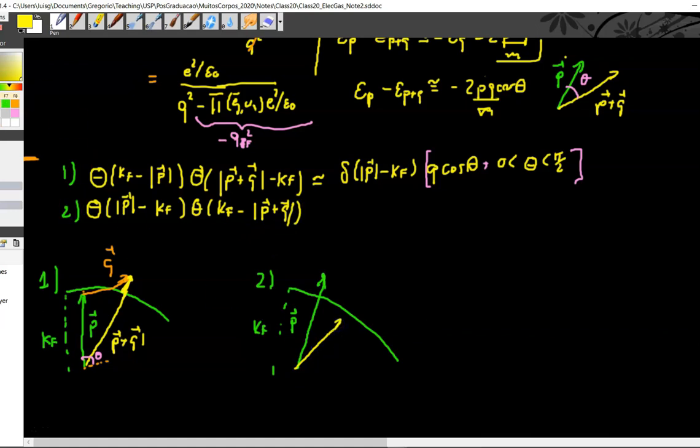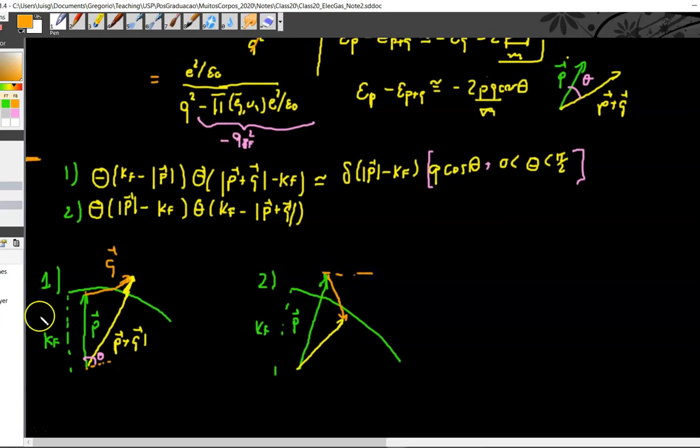So now my vector Q is here, meaning that the angle, if I measure it like this, is larger than pi over 2 and smaller than pi.